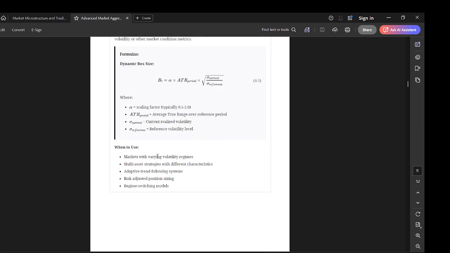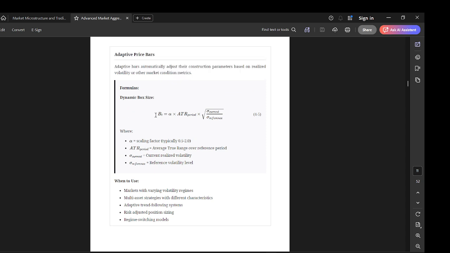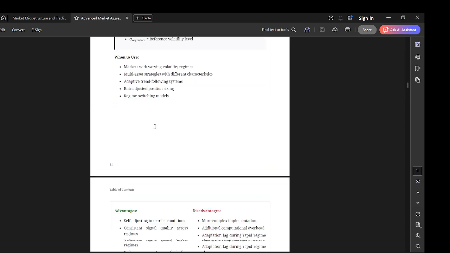When to use: markets with varying volatility regimes, multi-asset strategies with different characteristics, adaptive trend following systems, risk-adjusted position sizing, regime switching models. Now, what are the advantages and disadvantages of such an aggregation?